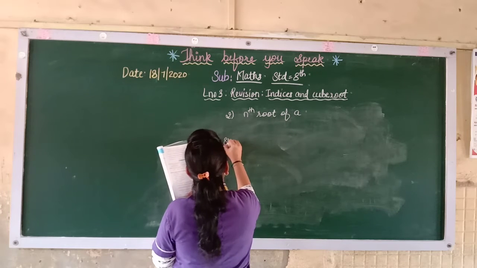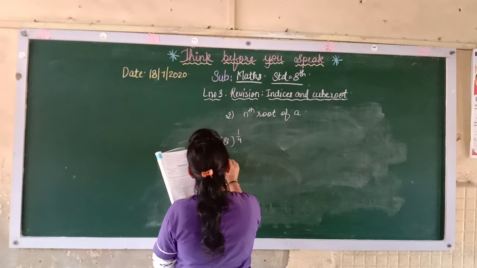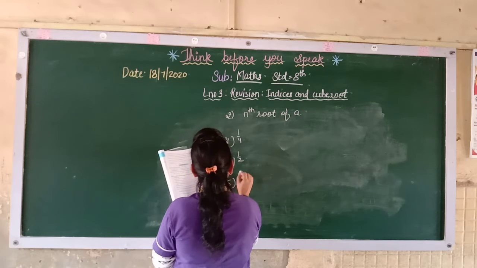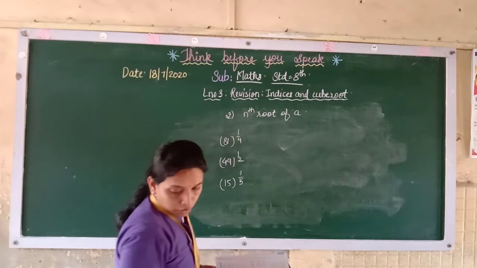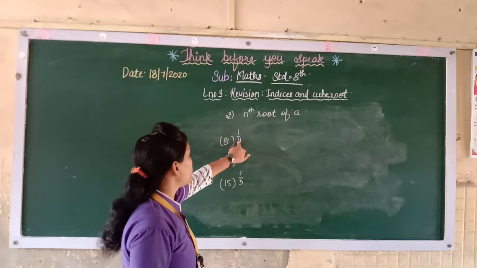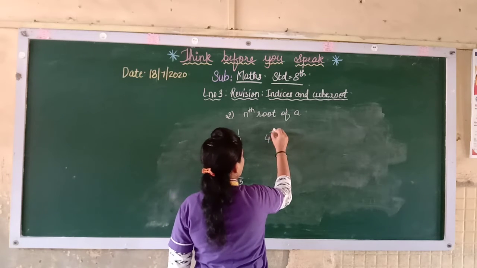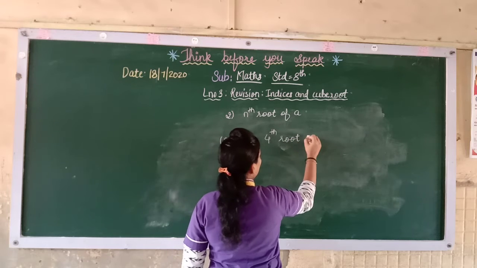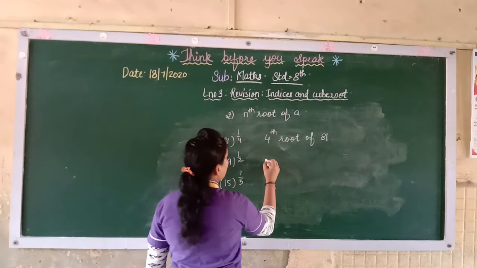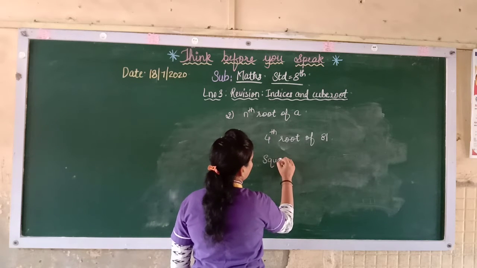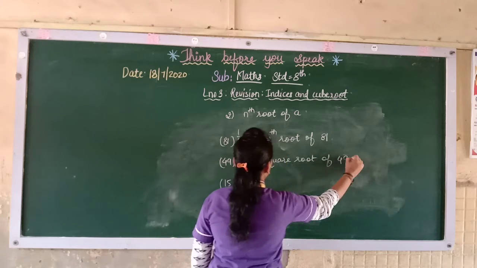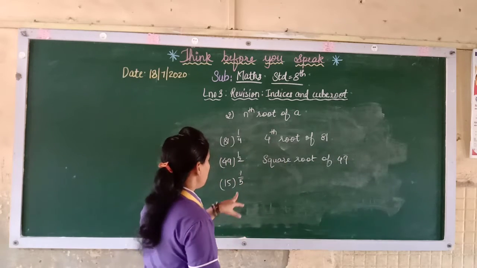For example, how will you write this? This is 1 upon 4, so it is fourth root of 81. Here it will come fourth root of 81. See, 1 by 2, 2 means square, so you will get square root of 49. Here it is 1 upon 5, so you will write fifth root of 15.